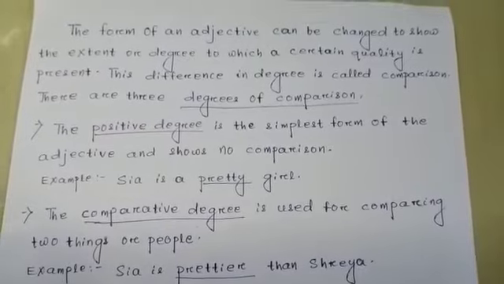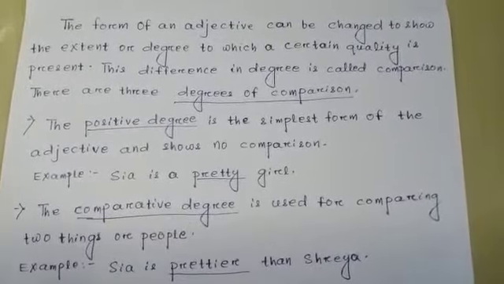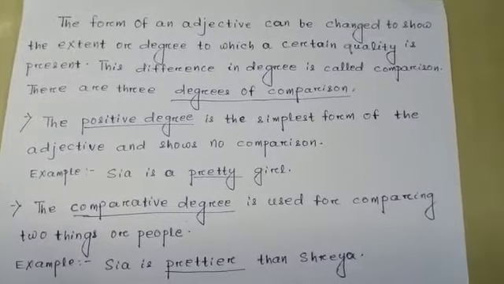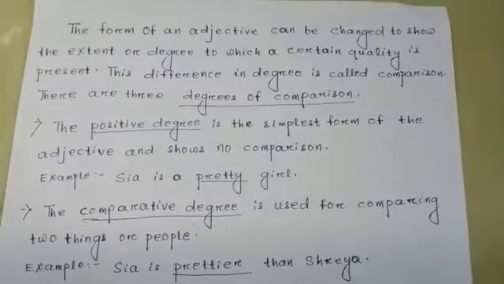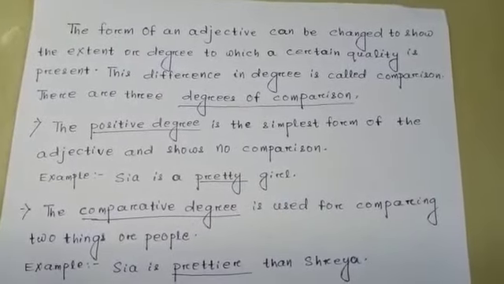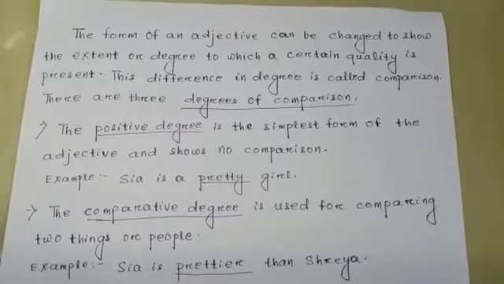For example, if you say she is beautiful, yes, she is beautiful, but her mother is more beautiful than her. When you say her mother is more beautiful than her, what are you saying?